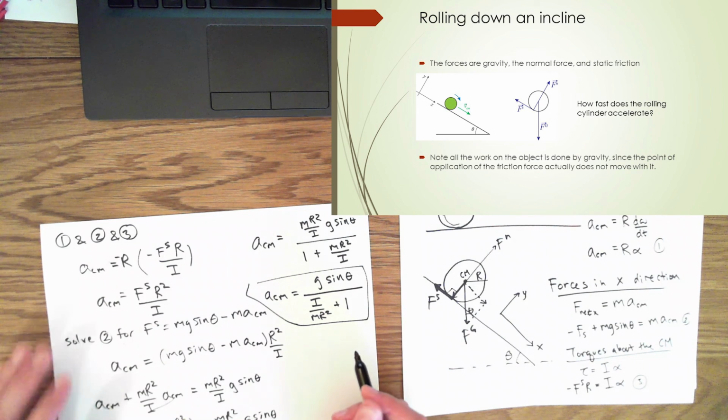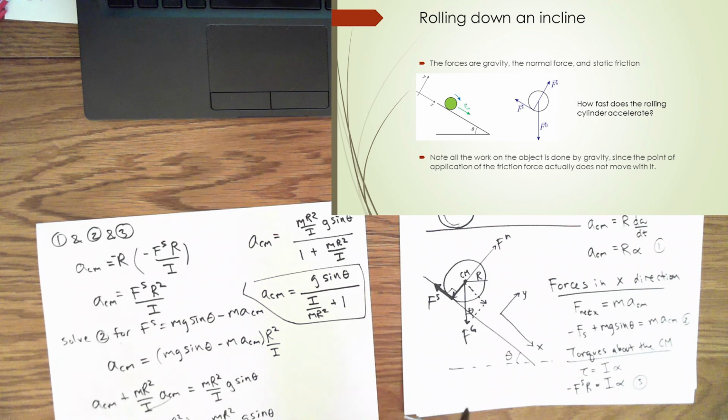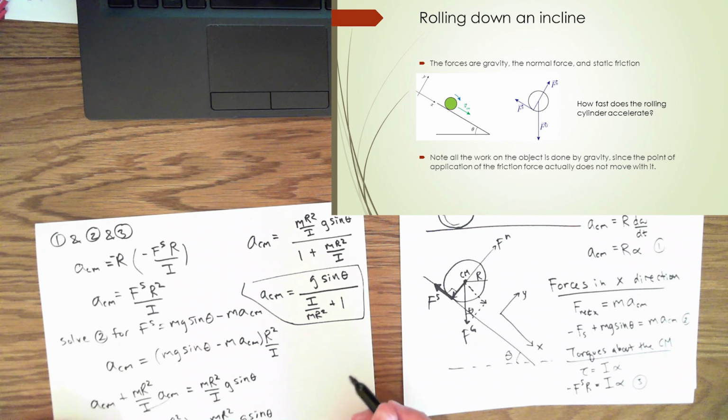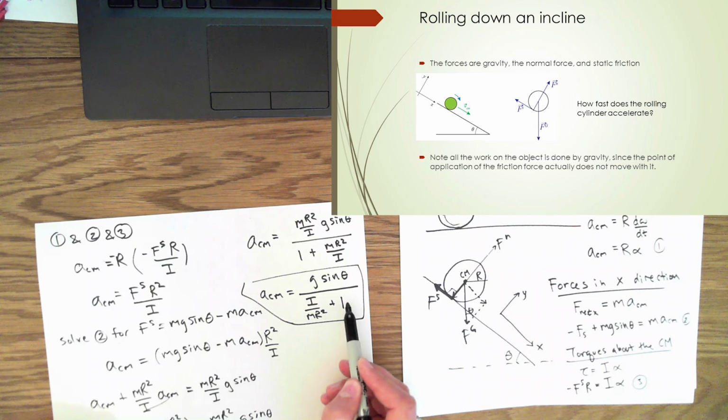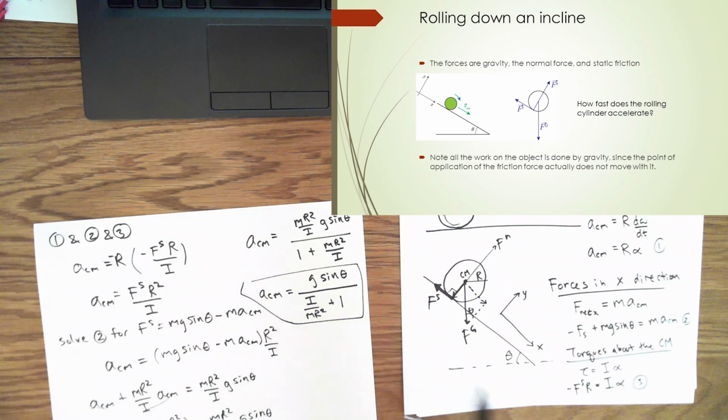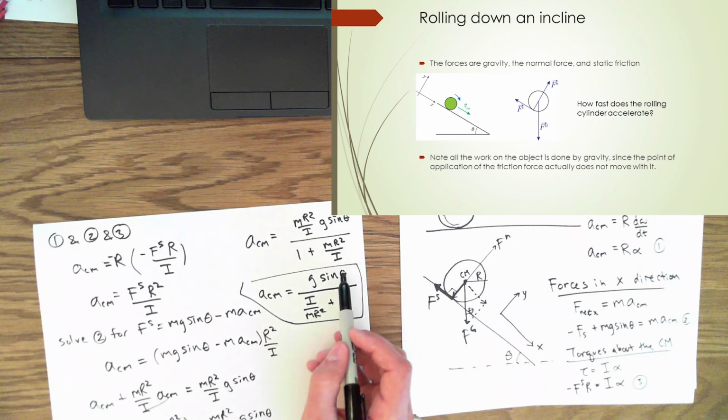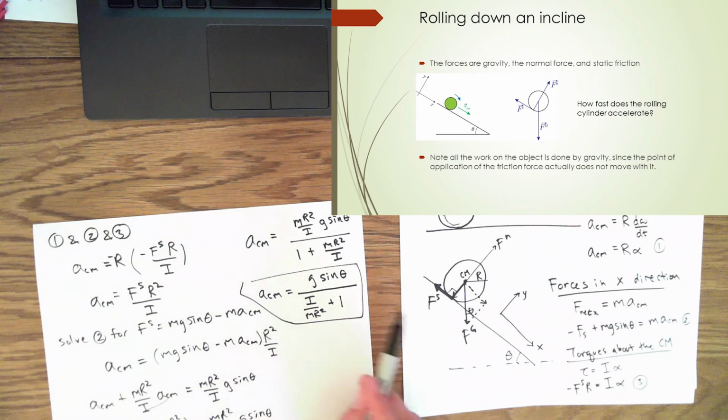If you look at all your formulas for I, for cylinders and spheres and so on, it's always some fraction like 1/3 or 2/3 times m r squared. So if I is, say, 2/3 m r squared, then this ends up being 2/3 plus 1. So you get a denominator that's always bigger than 1. So your acceleration as this thing rolls down the ramp is always going to be a little less than it would be if there was no friction and it was just sliding.